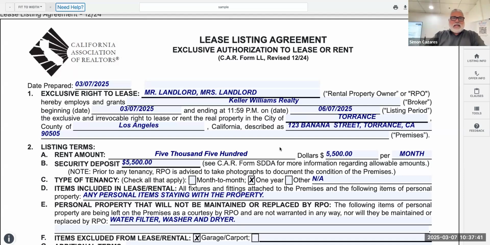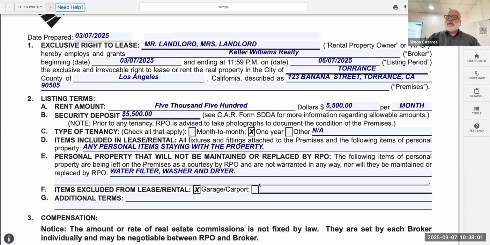The next is the information on the subject property. Whatever city, you put the city, county, and then the street. I used 123 Banana Street as an example, just to get the humor going. Then the zip code. Then part two goes into the listing terms, okay?